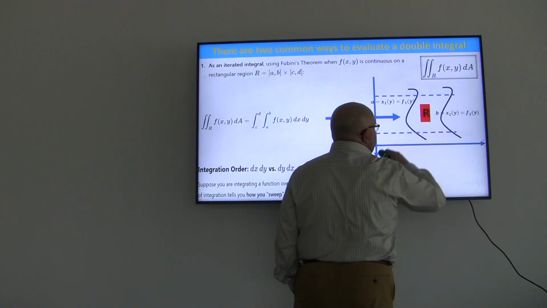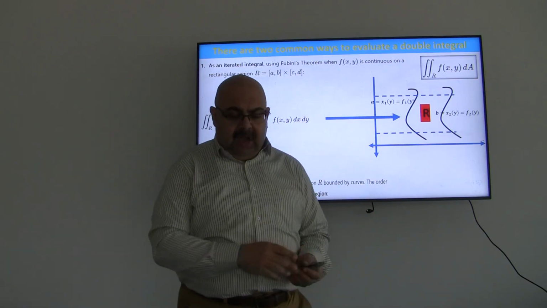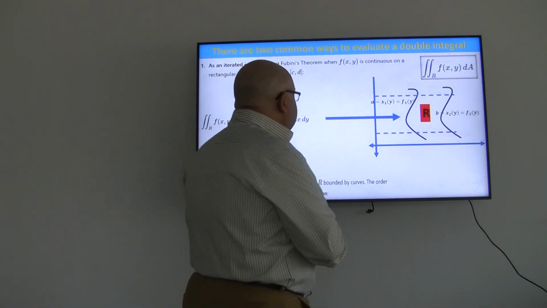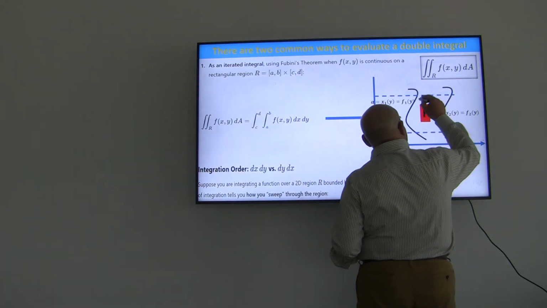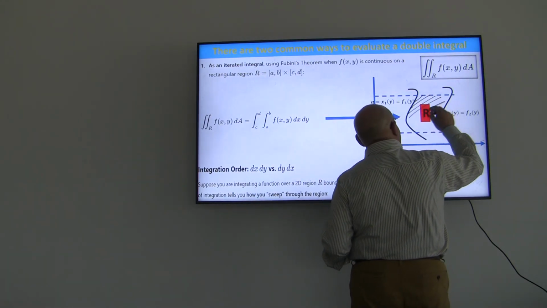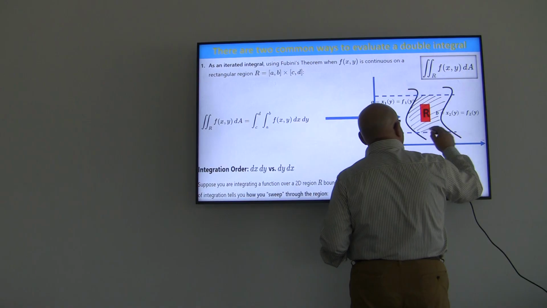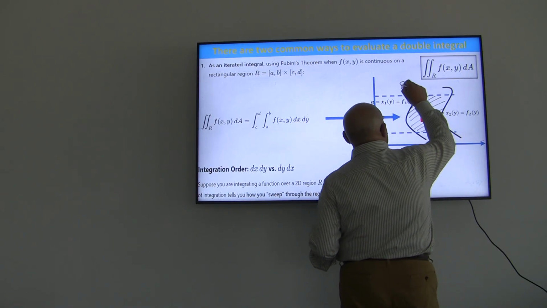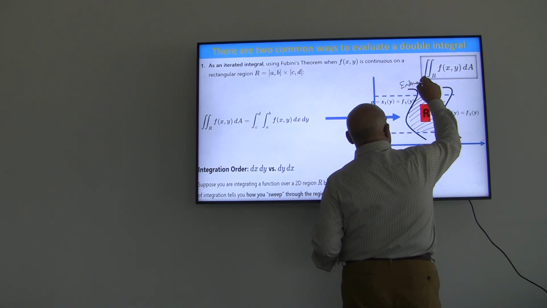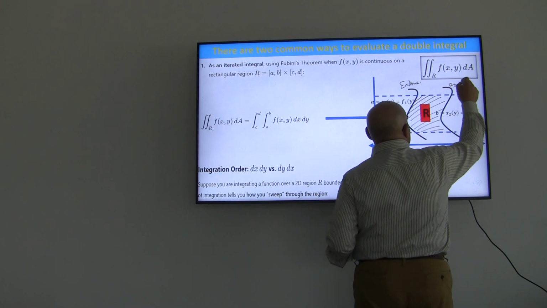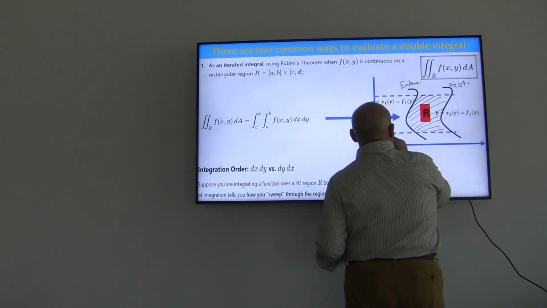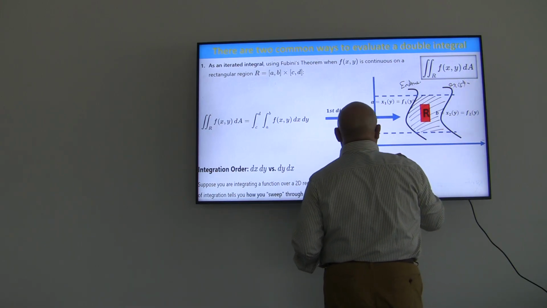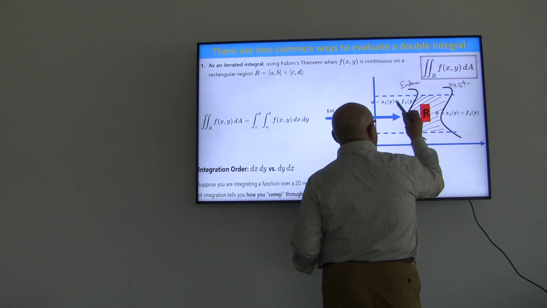That's the region of integration. So that's the region that I want to integrate in, which is between the entrance and the exit of our region, and starts from, as you can see, C to D.